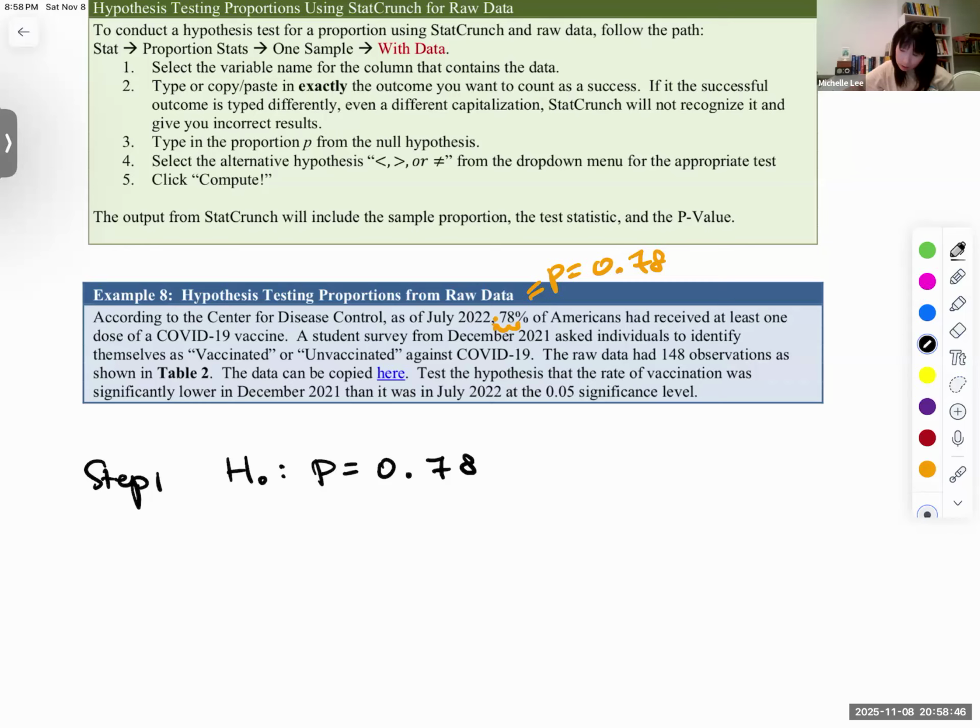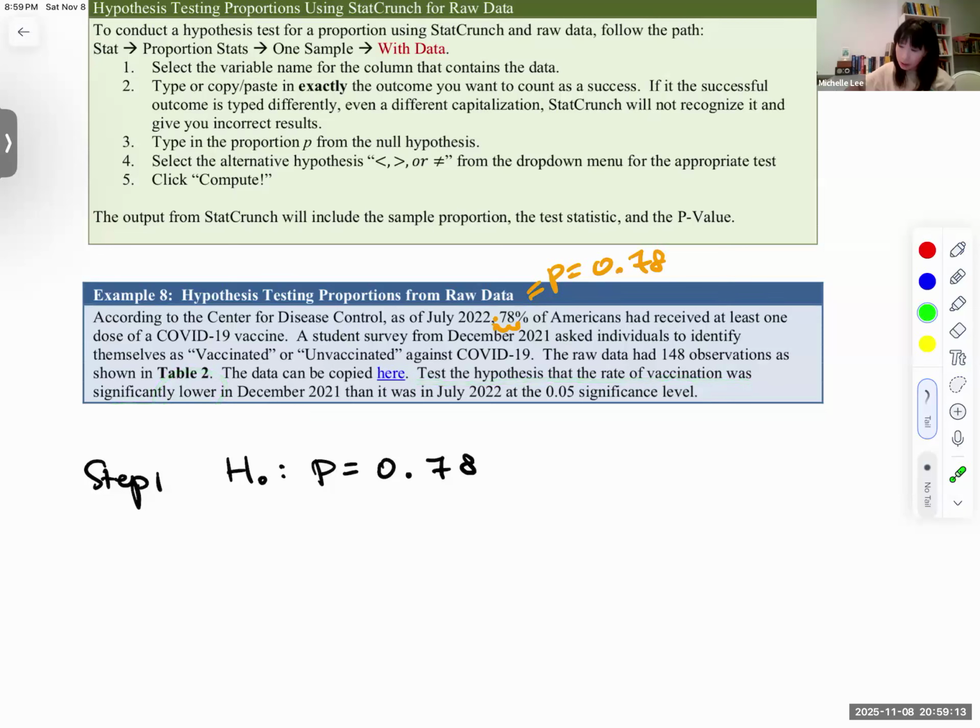And then they say the hypothesis that the rate of vaccination was significantly lower in December, right?